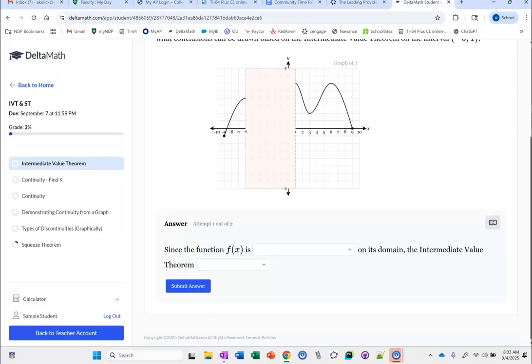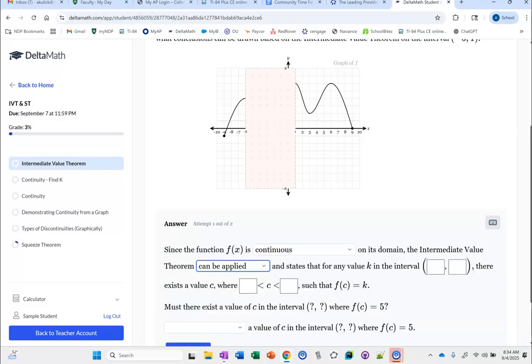So the conditions for the intermediate value theorem are that f is continuous, and that the y coordinate that you're looking for, you have a y value below and a y value above. So we'll say, since the function is continuous, the intermediate value theorem can be applied.